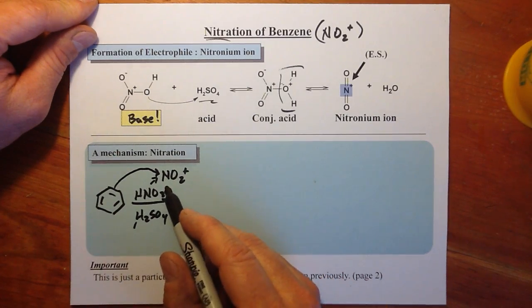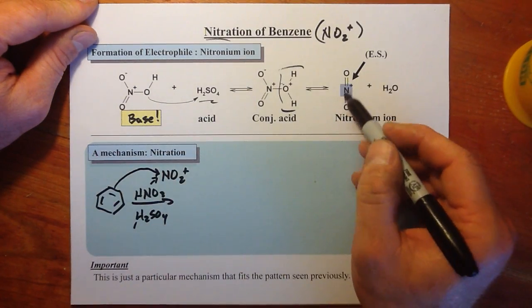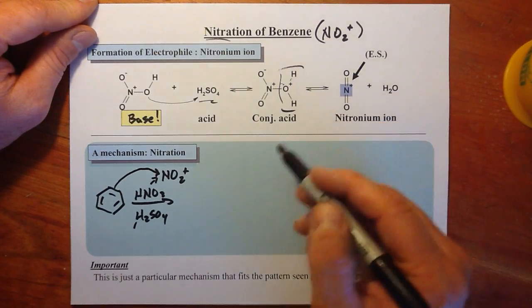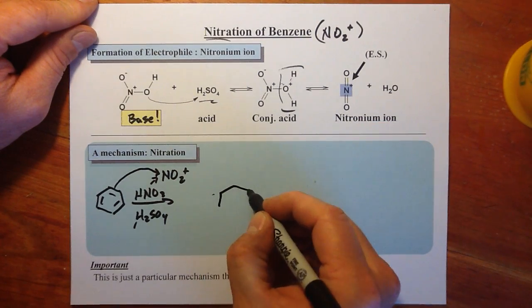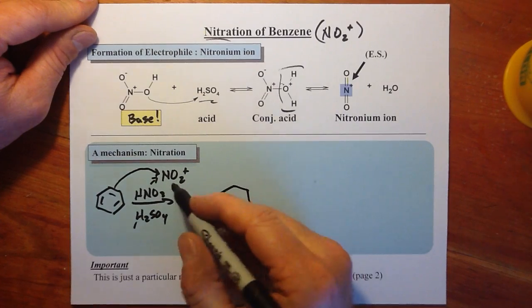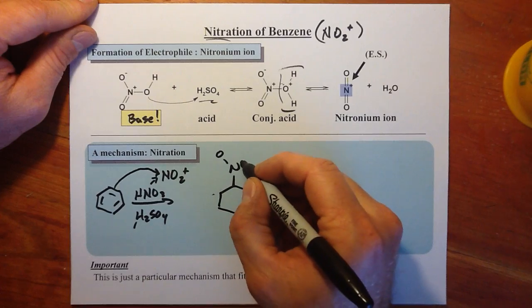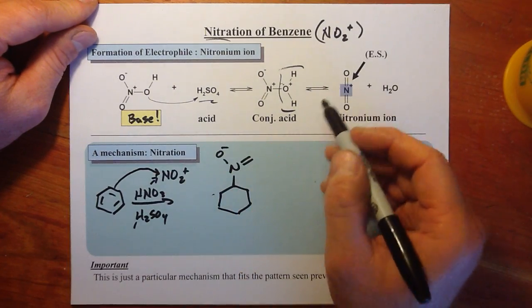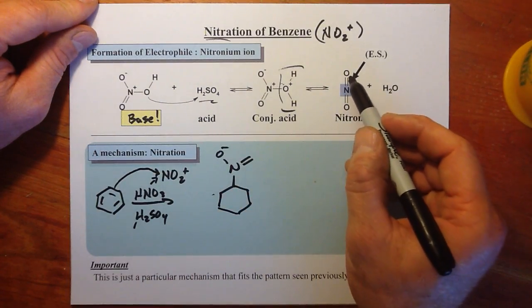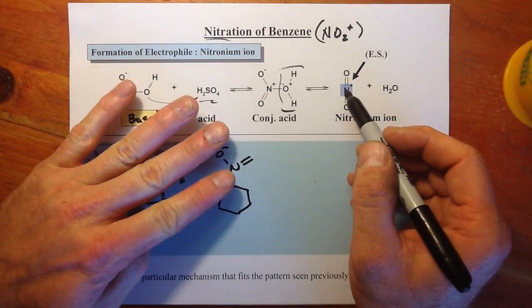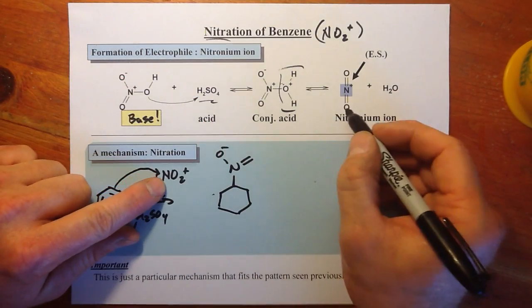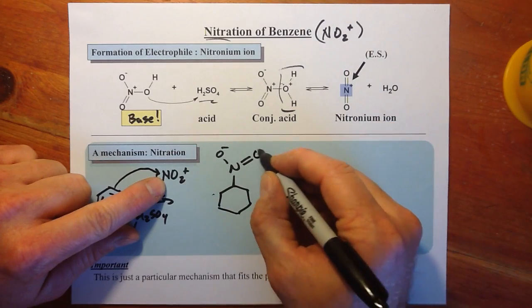I attack the nitrogen in the nitronium ion, and that pi bond gets advanced up. So I'm going to go ahead and draw out the full structure for the nitronium ion. We would have a negative charge on this oxygen, because we had to advance pi electrons up, because nitrogen can only have 4 bonds off of it. So we attack the nitrogen, and the other pi bond to the other oxygen is intact.